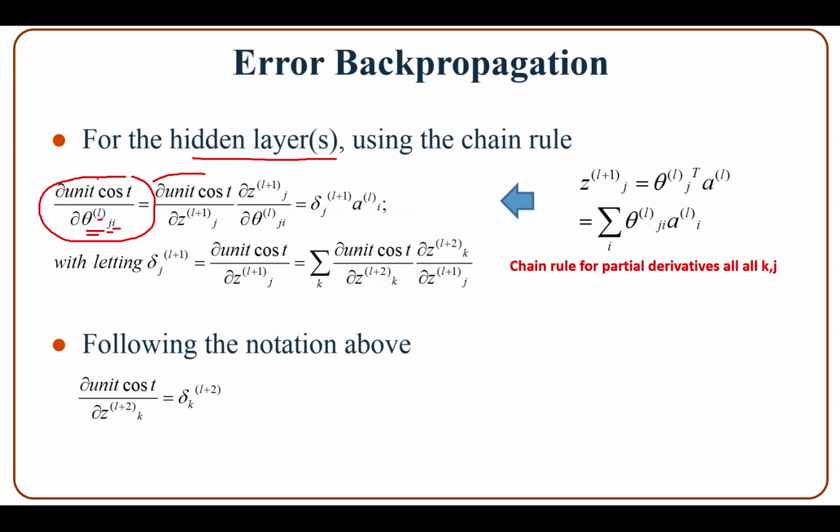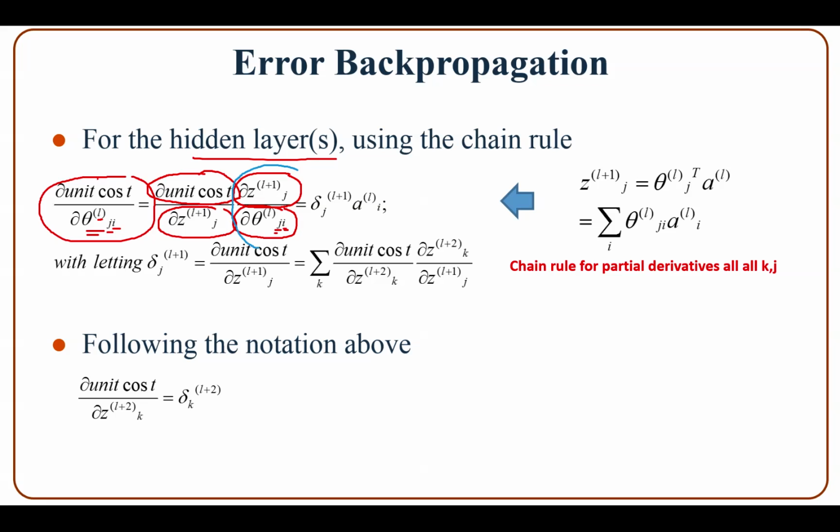We take the derivative of the unit cost with respect to z at layer L plus 1 node j times the partial derivative of z at layer L plus 1 node j with respect to theta at layer L connecting node j in layer L plus 1 to node i in layer L.